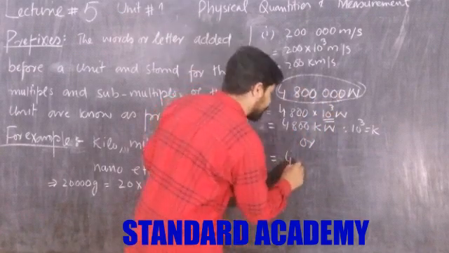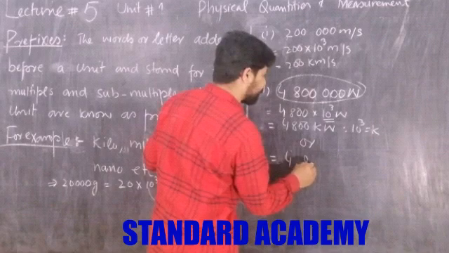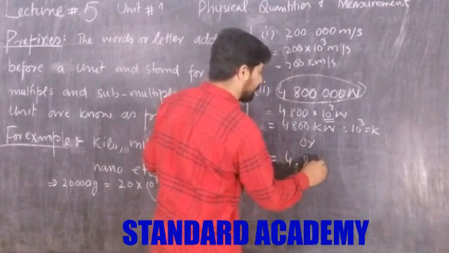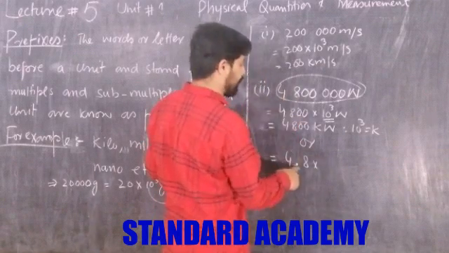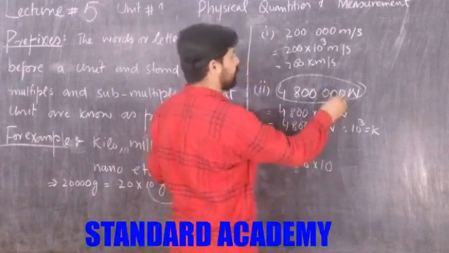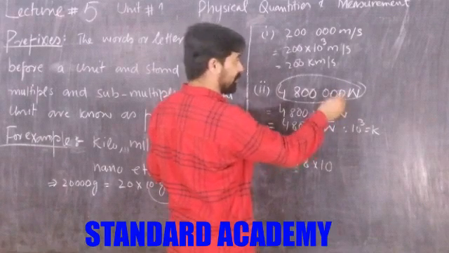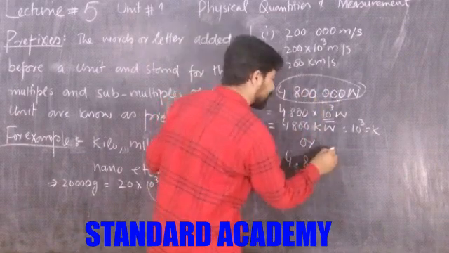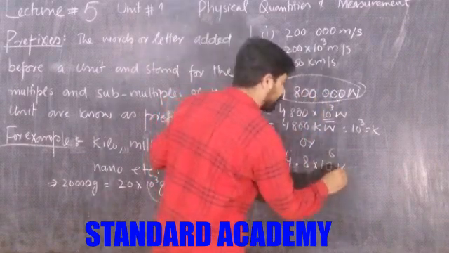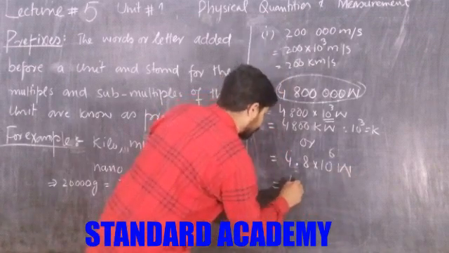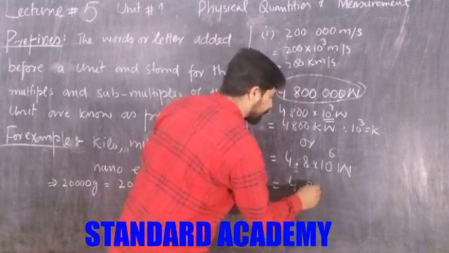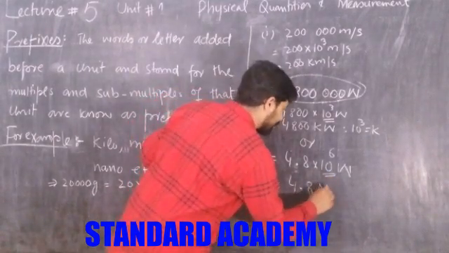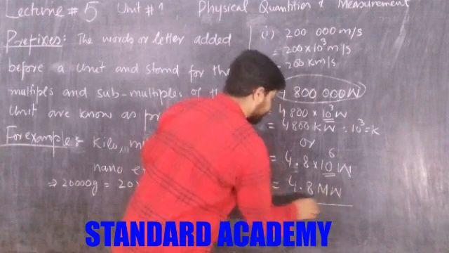This term is 4 8 and then the point will come, so this will become 4.8 and 10 raised to the power. We have to now count the terms. The terms are 1, 2, 3, 4, 5, 6. This is 10 to the power 6. So it will become 4.8, and 10 to the power 6 is the prefix mega. So megawatt.